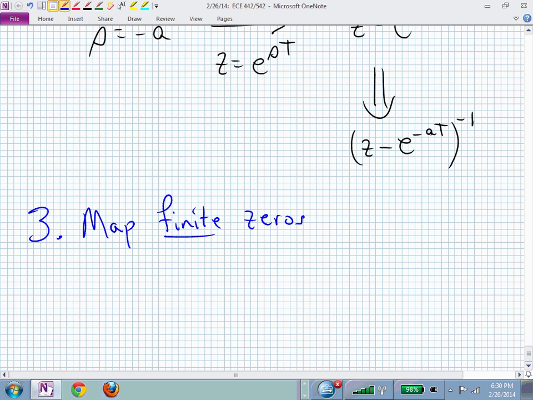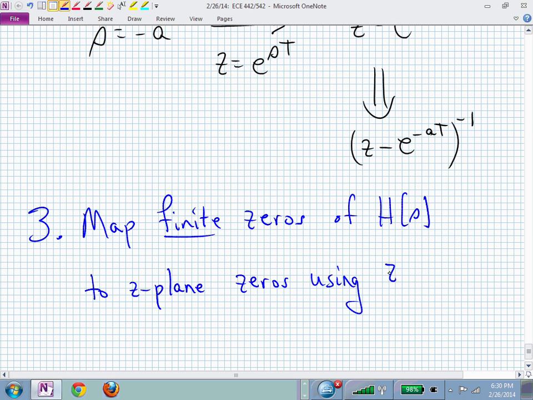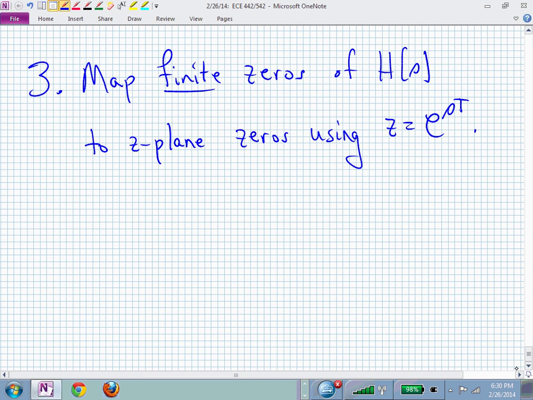We map the finite zeros of the S-domain transfer function, H of s, to z-plane zeros using the same strategy. We have z is equal to e to the st. And here's the fun part, or one of the fun parts. Now we have to worry about infinite zeros.